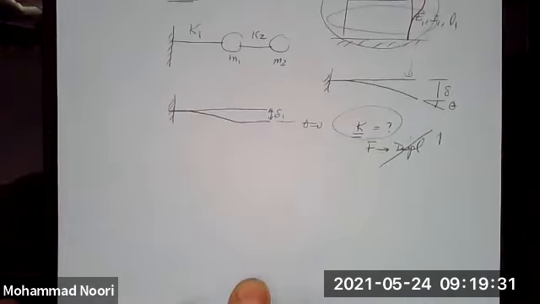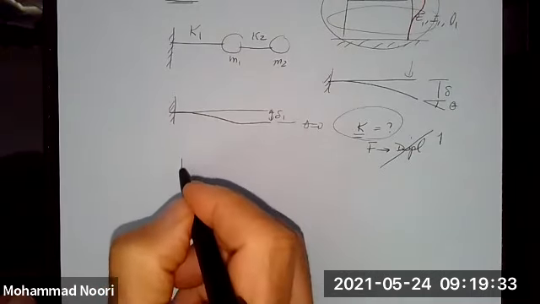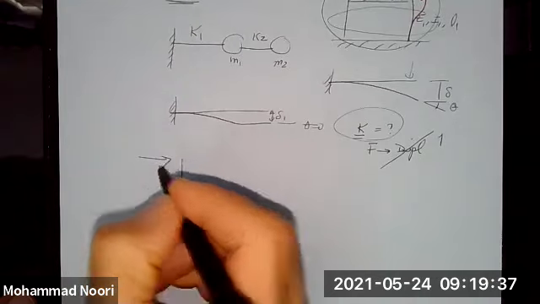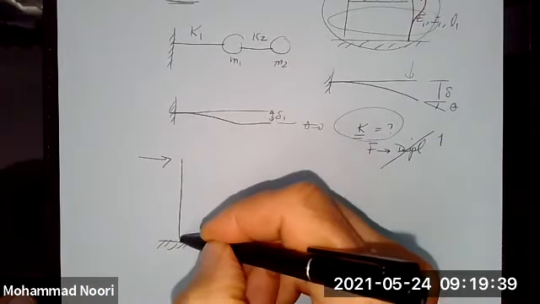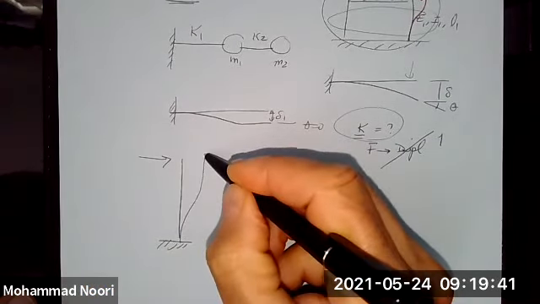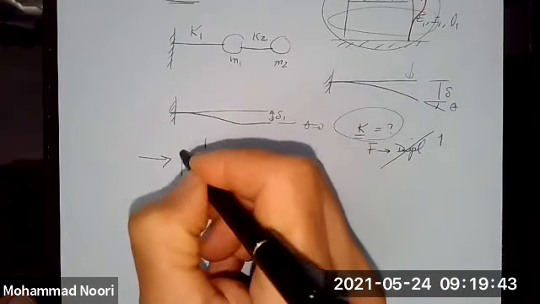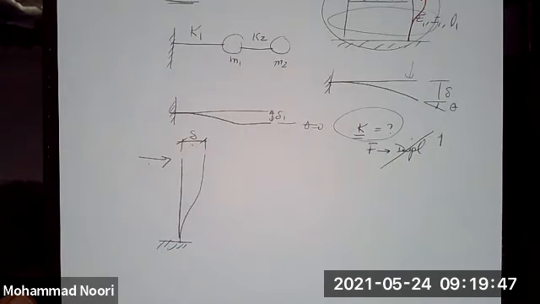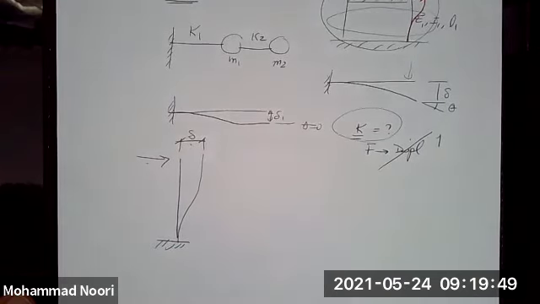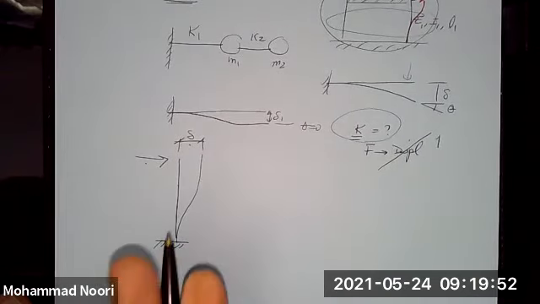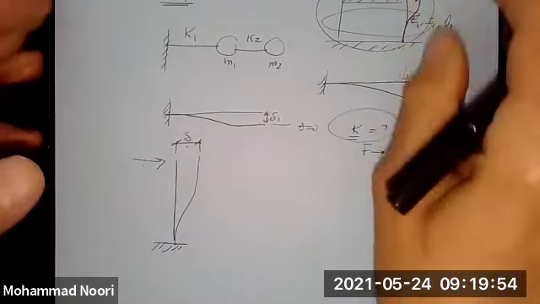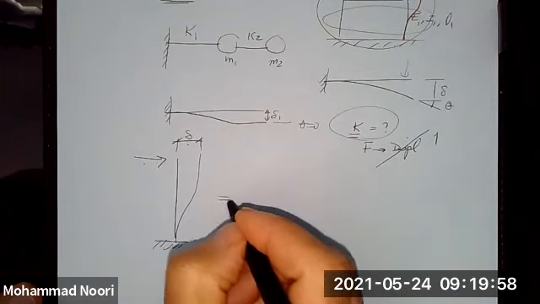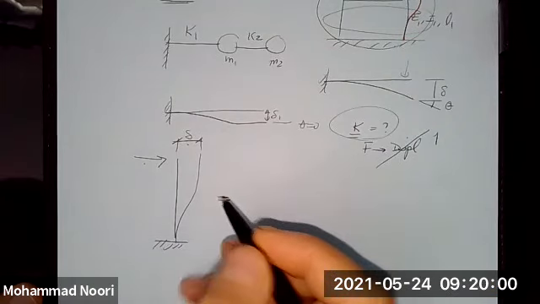So let's look at a column that is subjected to a load and it is moving like this. And we want to relate this load to this displacement. If you remember from the strength of material, you did this problem, but I'm just going to refresh your memories. You use the concept of superposition.